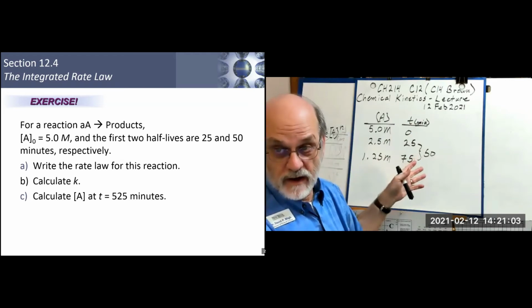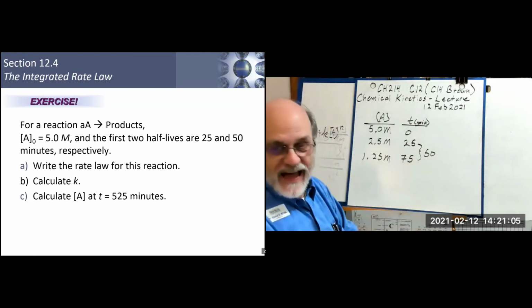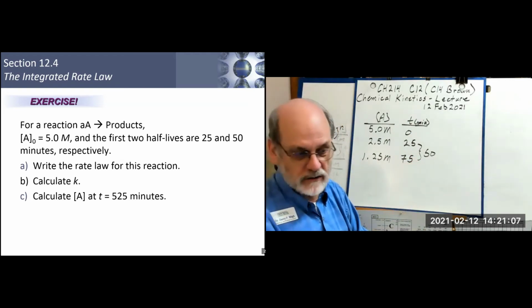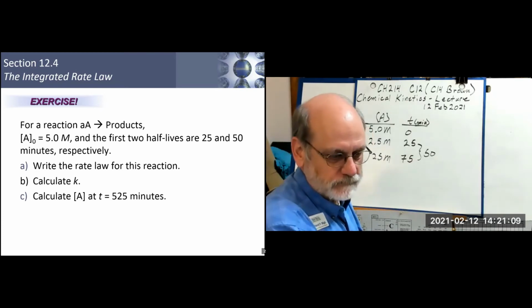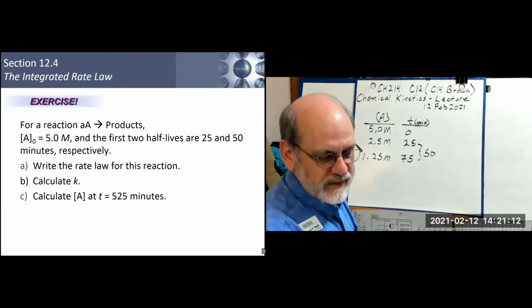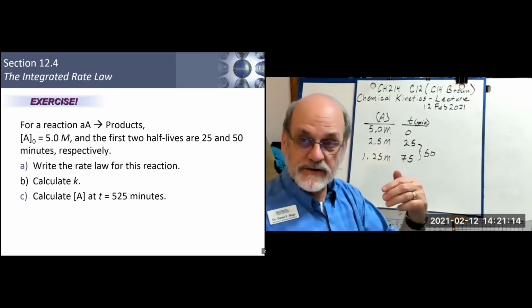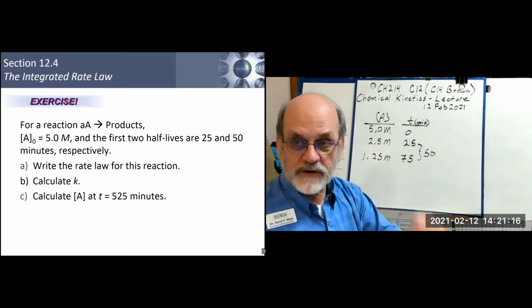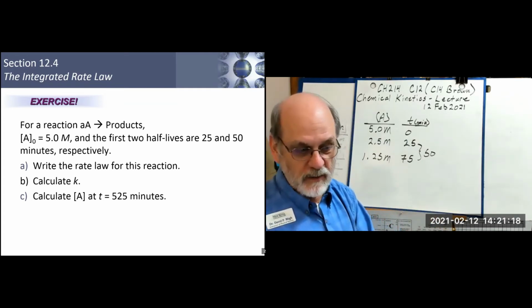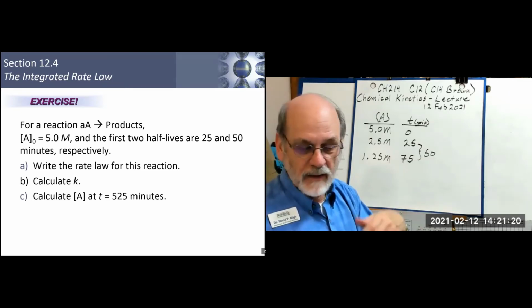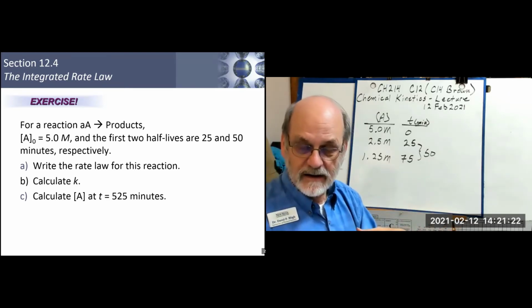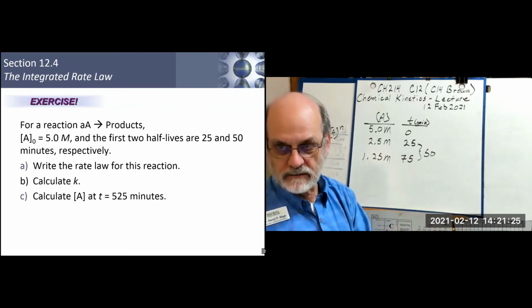Can we eliminate one of them? Right. Well, does the half-life depend upon concentration? If it depends on concentration, then it's 0 or second order, not first order. Remember, the half-life for first order was 0.693 divided by K, independent of the concentration.